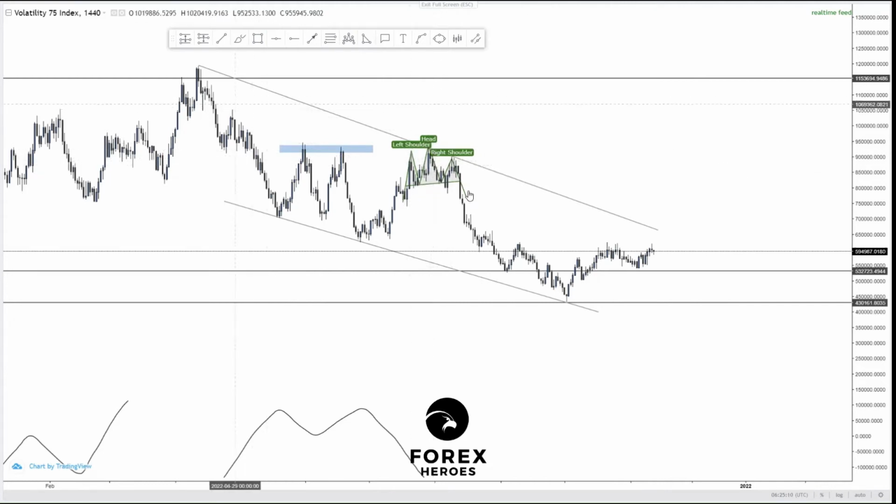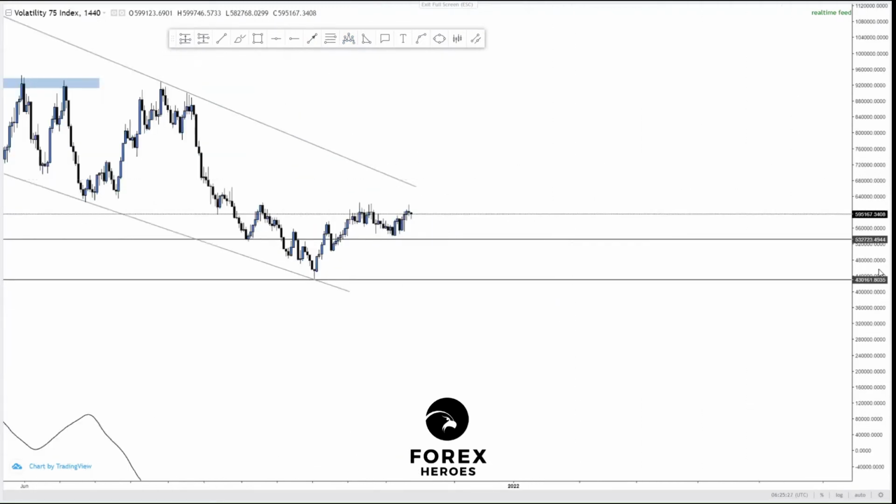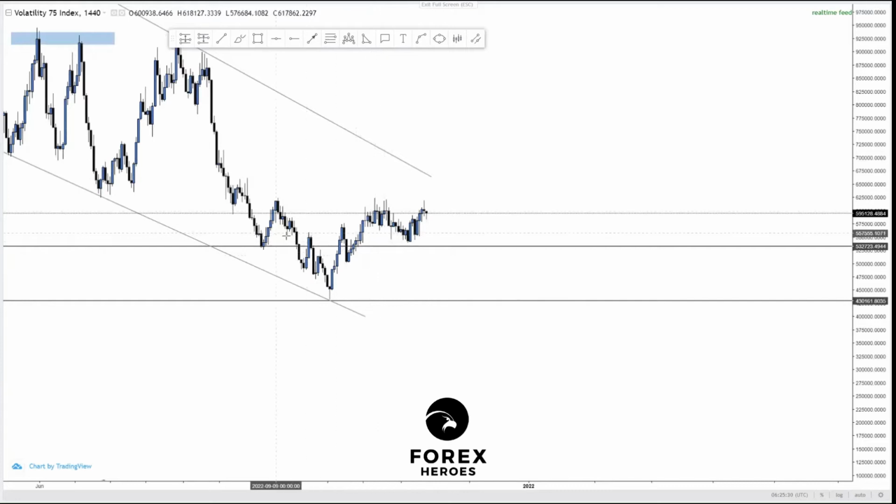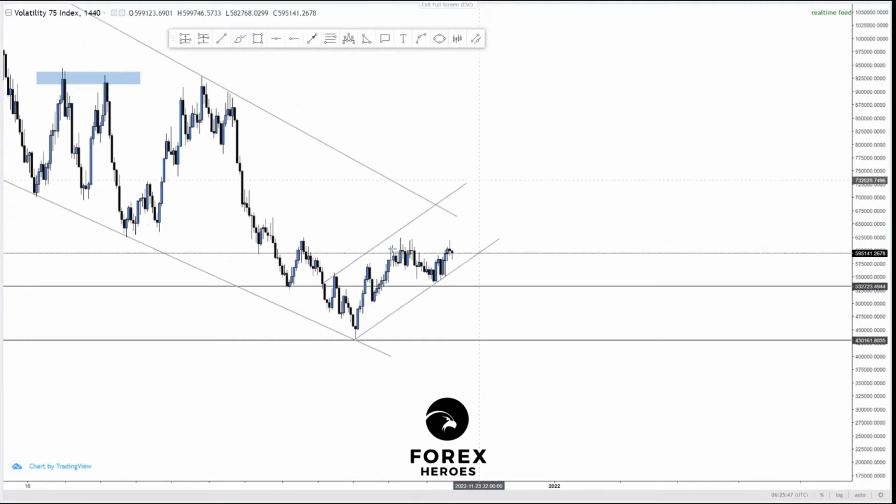This is my right shoulder. I do this because I can see we're having a counter trend, and remember that I'm still on the daily.